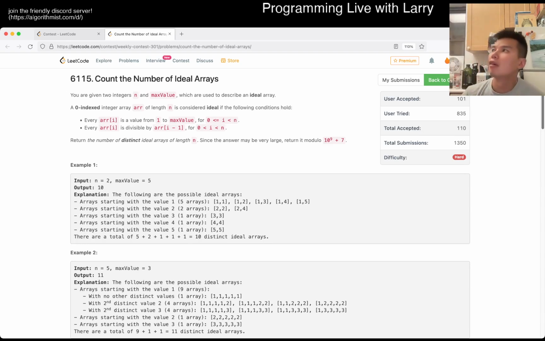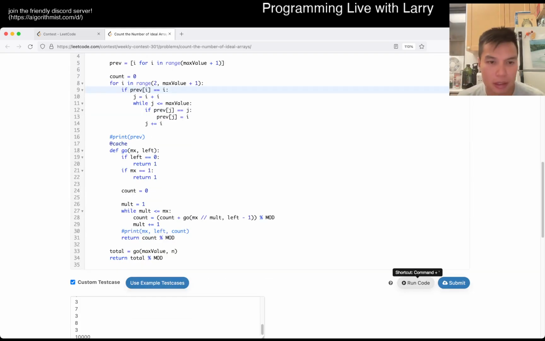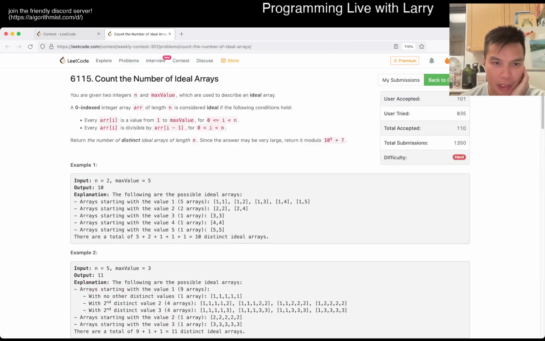Because then now. I think there's a slight optimization that I can do here, but I still cannot get over it. Am I missing anything obvious? I don't think so. This is very short.